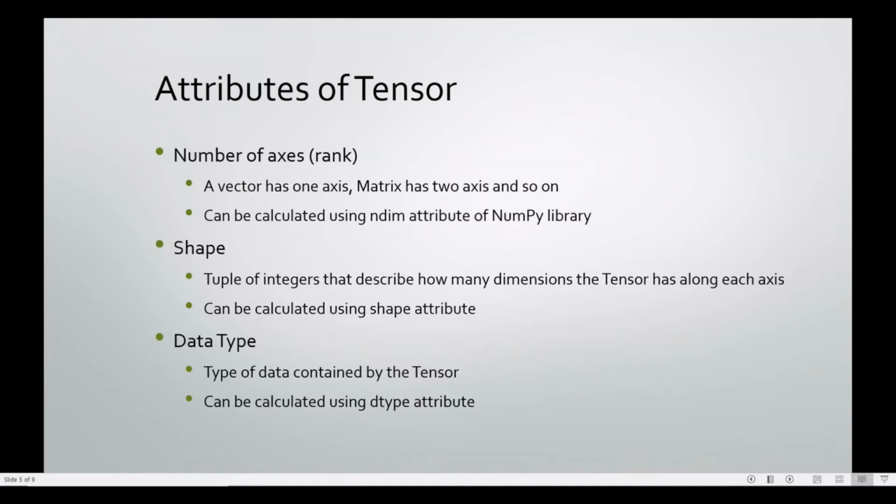Second is shape, that is tuple of integer describe how many elements the tensor has along each axis. We will see more about shape in the further slides. And then the data type of elements contained by tensor, almost always going to be integer or float, and it can be calculated using dtype attribute of NumPy array.